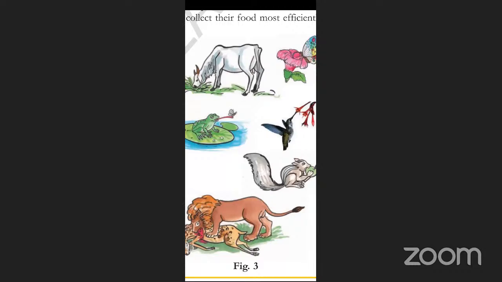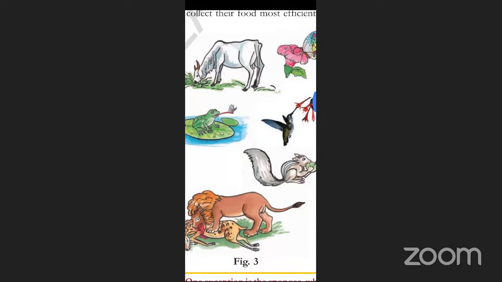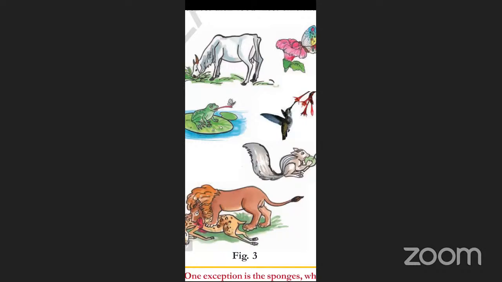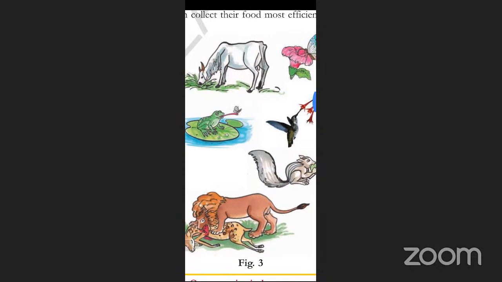But does the butterfly have upper and lower jaws and teeth? No. Then how will the butterfly chew the food? That's why the butterfly will suck the juice from the center of the flower. Hope everybody understood what I am trying to say.